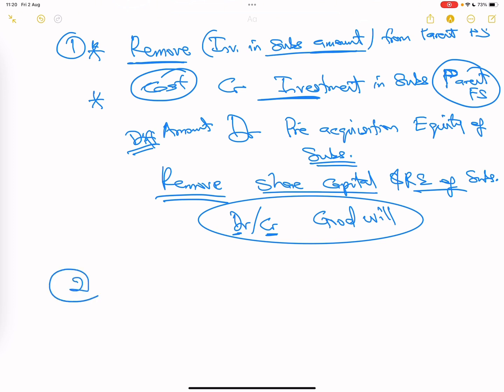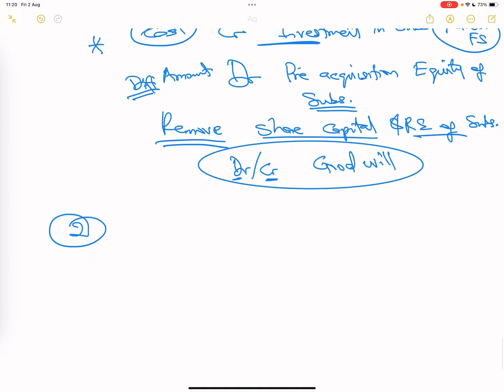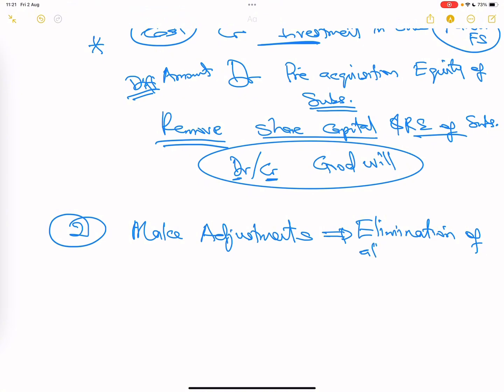Then you can now go to step 2. You're already becoming an expert in consolidation. You need to make adjustments. And the popular adjustment is what we call the elimination of all intercompany transactions.